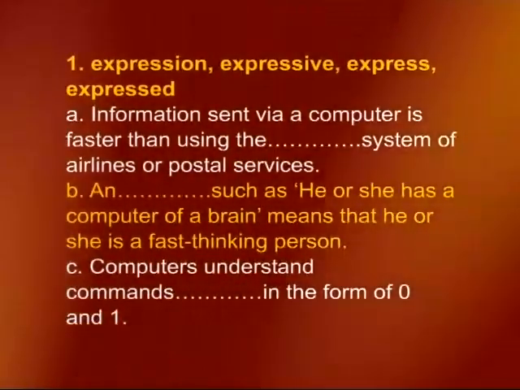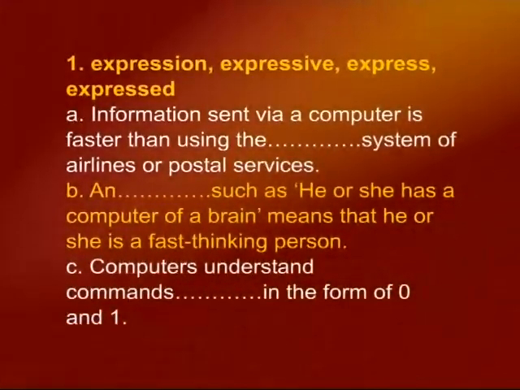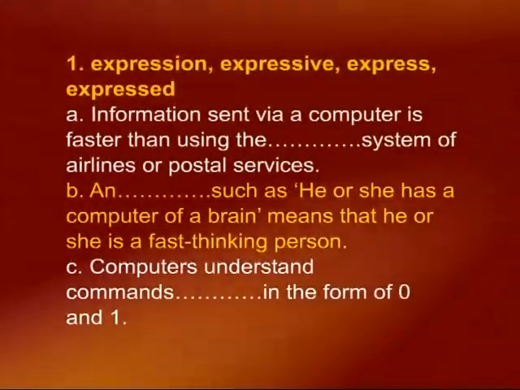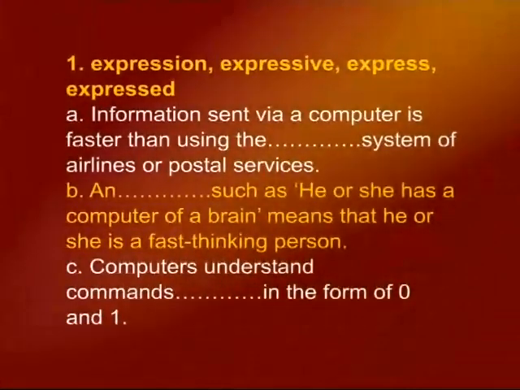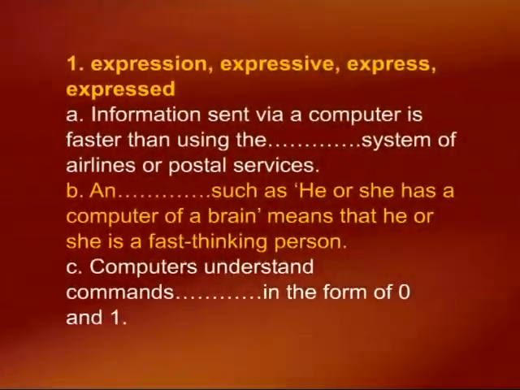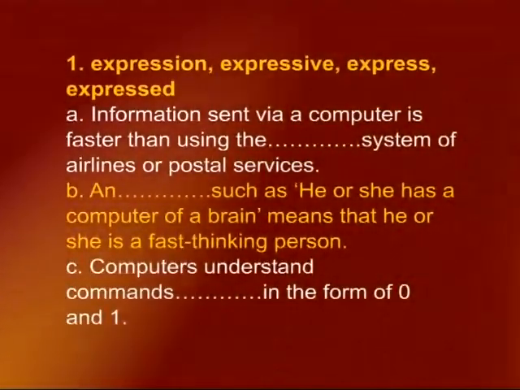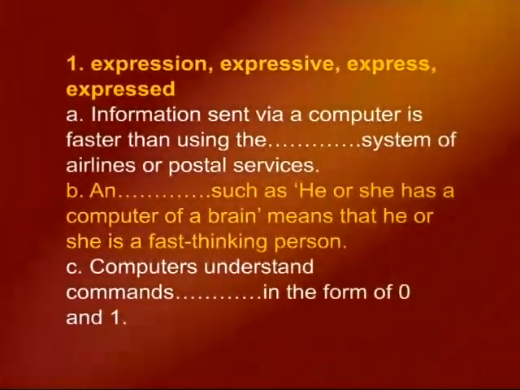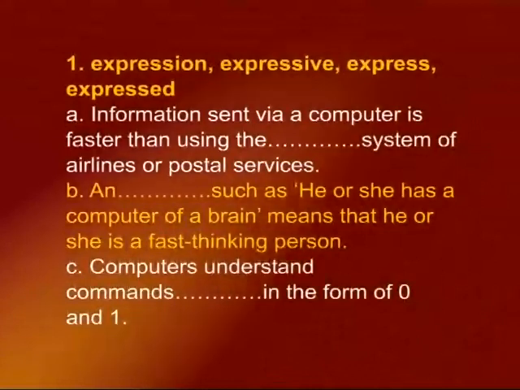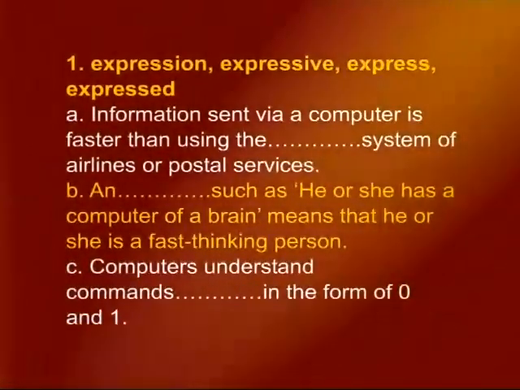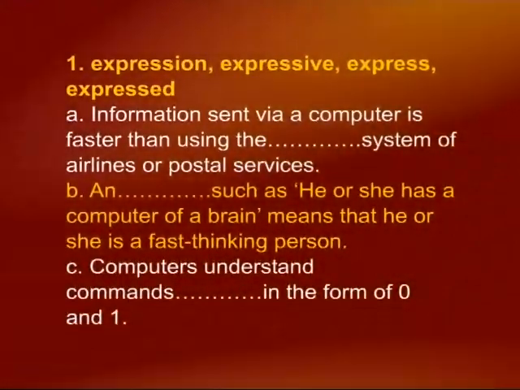B, such as he or she has a computer of a brain, means that he or she is a fast thinking person. So those words that are in inverted commas, there is a word in the English language which you can use for that, and that is expression.